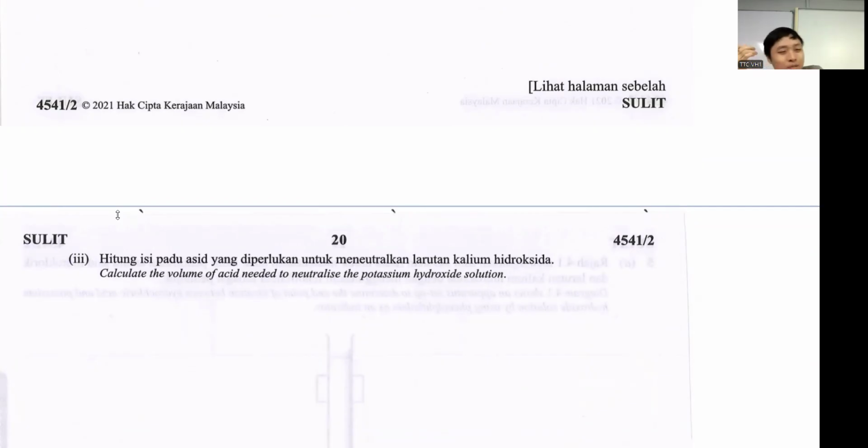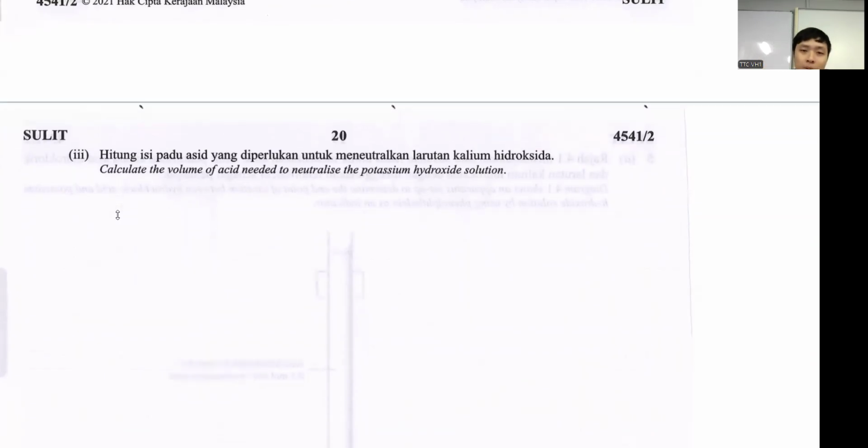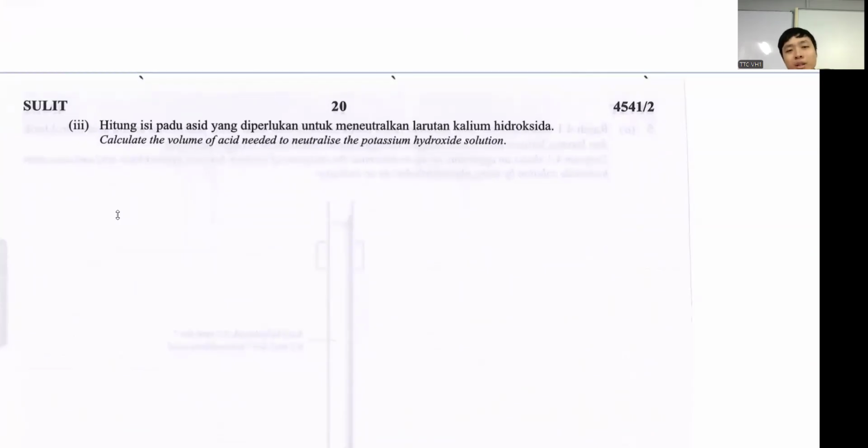So the answer scheme is a bit funny. I don't know why, but yeah. Now normally you can use MAVA over MBVB equals a over b. Okay, I'll show you two methods. But I would say the other method is safer to get more marks. I don't know why, but apparently the answer scheme is very funny.